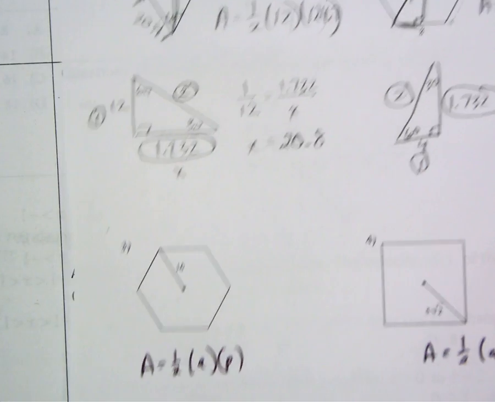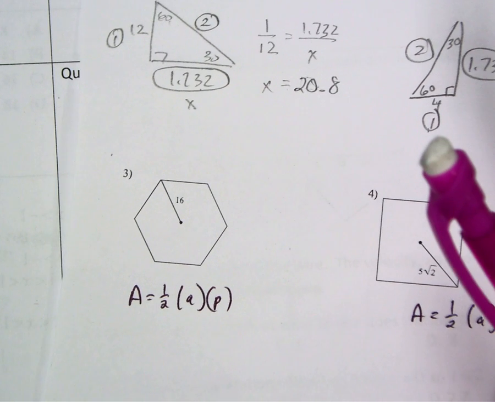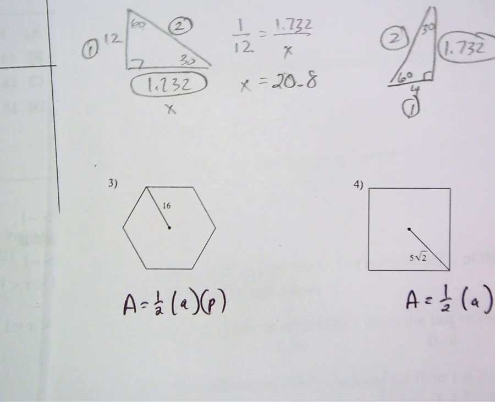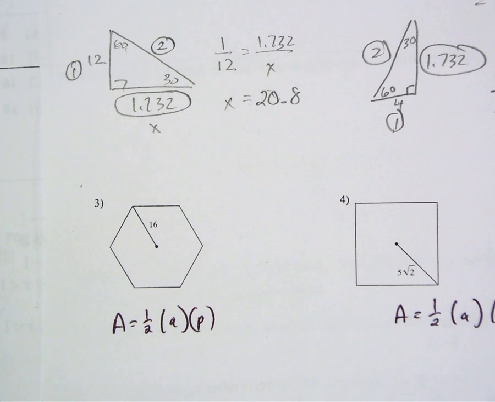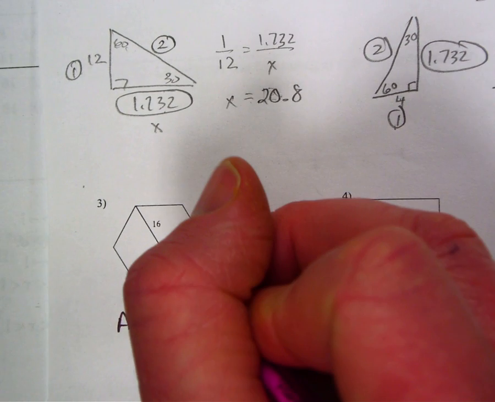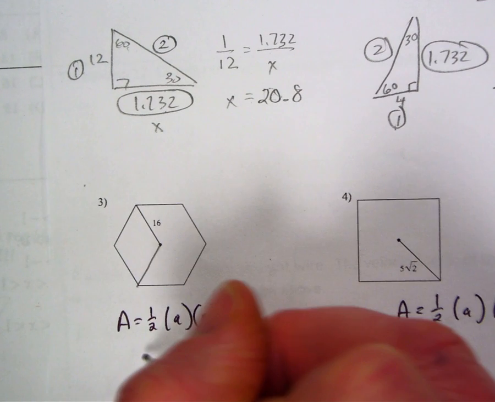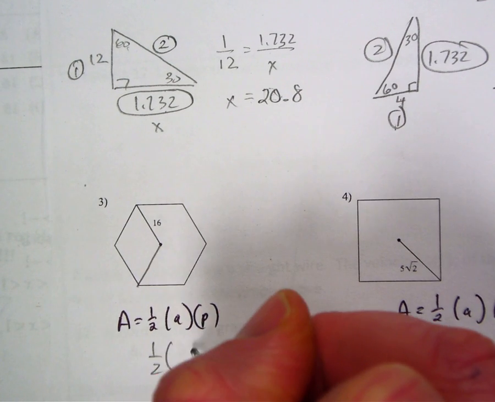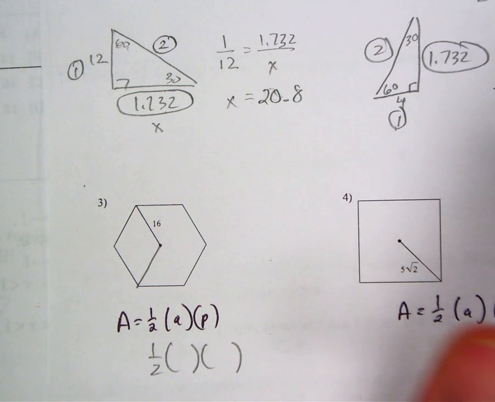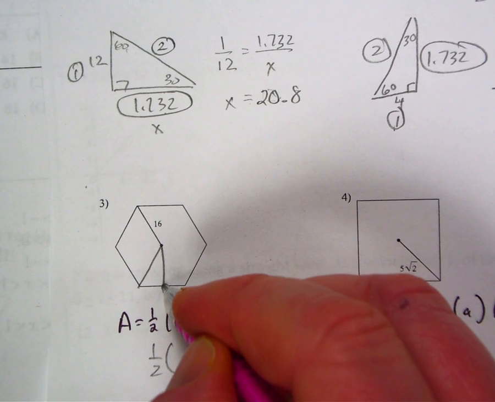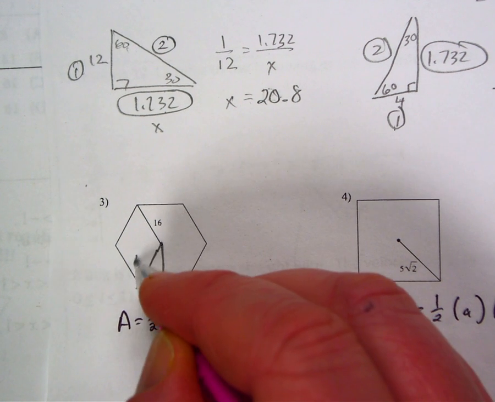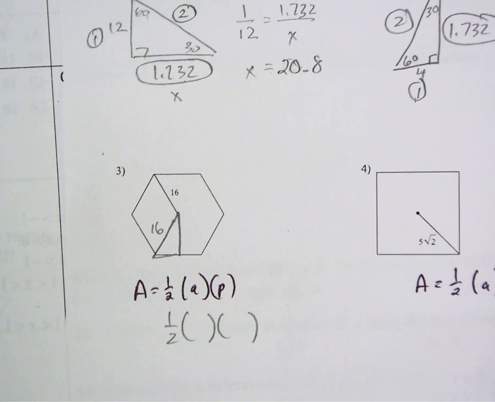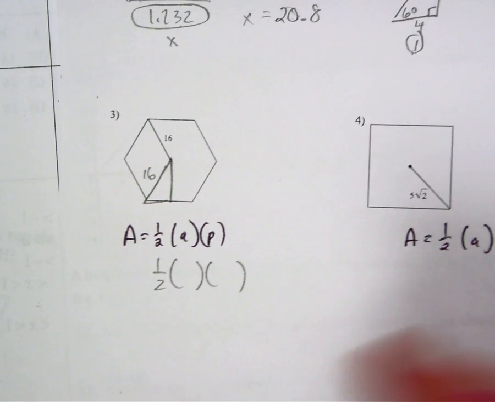If you have a hexagon, a little bit off center, 60, 30, this is the 1, this is the 1.732, this is the 2. Do you notice the difference? They are rotated. It's the same triangle turned. You can't just pick random numbers. They're always opposite.